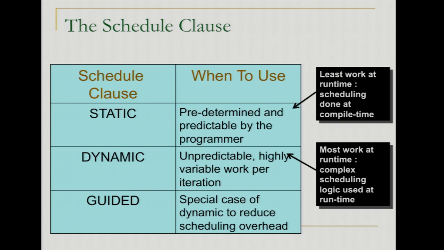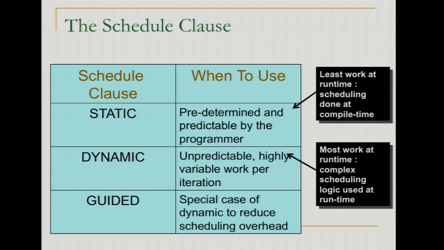And just to come back to a very good question from early on: if you don't say what a schedule is, most of us expect the default to be static because it's less work. In many cases, in fact, that is what happens, so you quite likely get one big chunk.